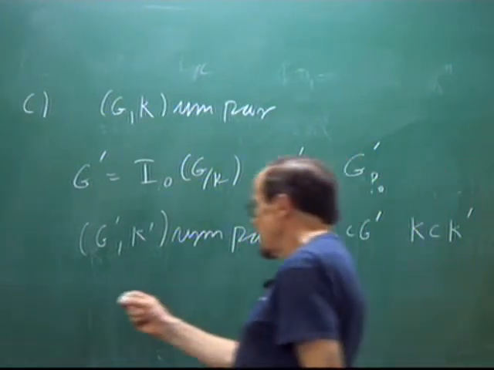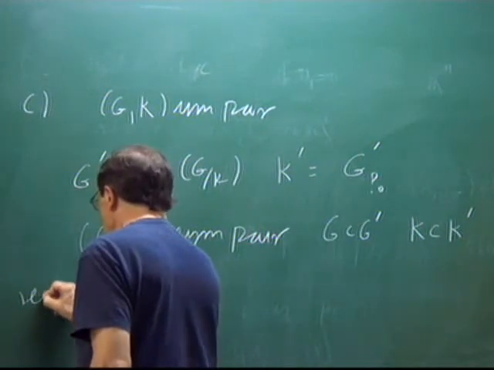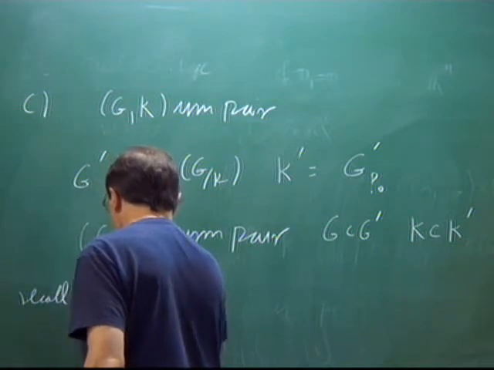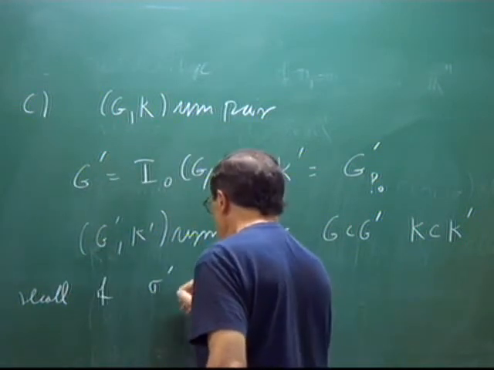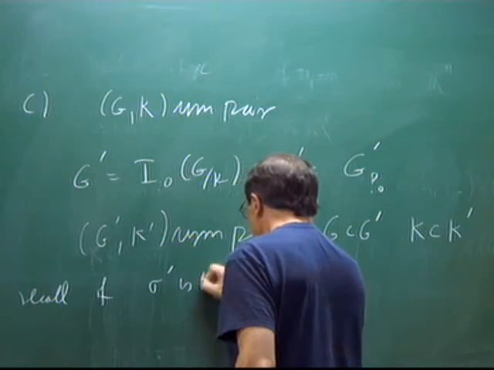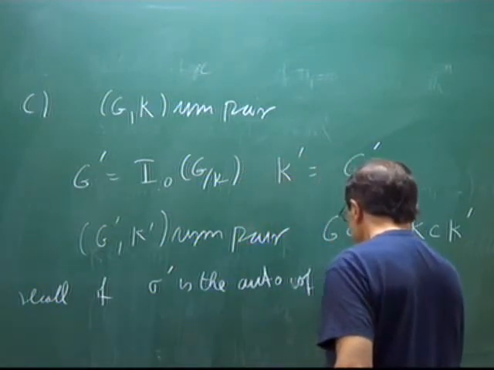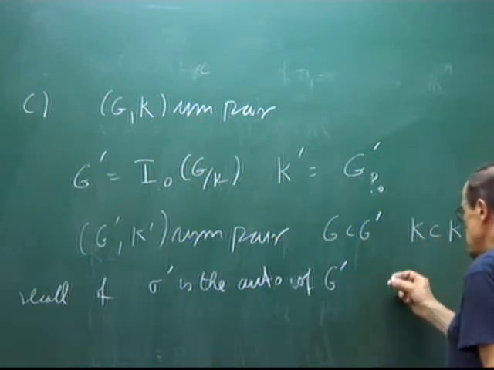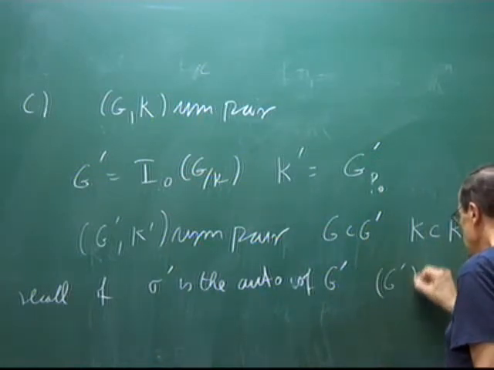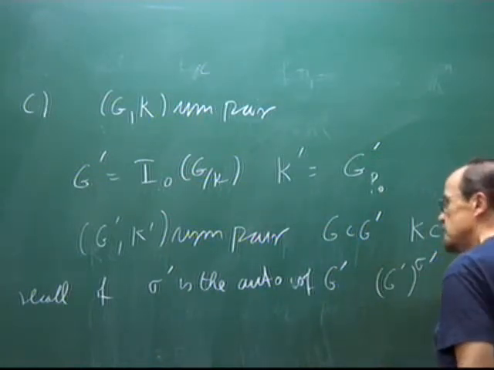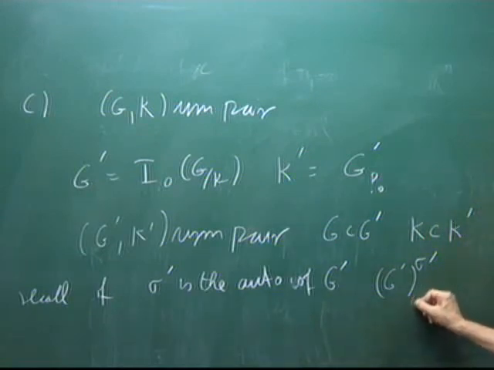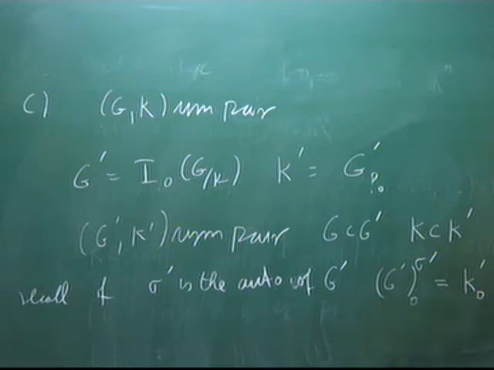And then we proved something last time, so recall, if sigma prime is the automorphism of G prime that makes it into a symmetric pair, so (G prime, sigma prime), this is the identity component, the same thing as K, but in the symmetric pair notation.